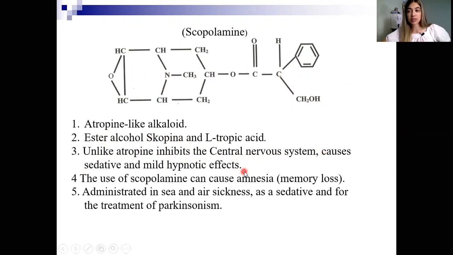So opposite effect from atropine. The use of scopolamine can cause amnesia, loss of memory, and it is administered in sea and air sickness as a sedative and for the treatment of Parkinsonism. So in this case, the rest of the effects will be the same, but only CNS effects will differ from atropine.